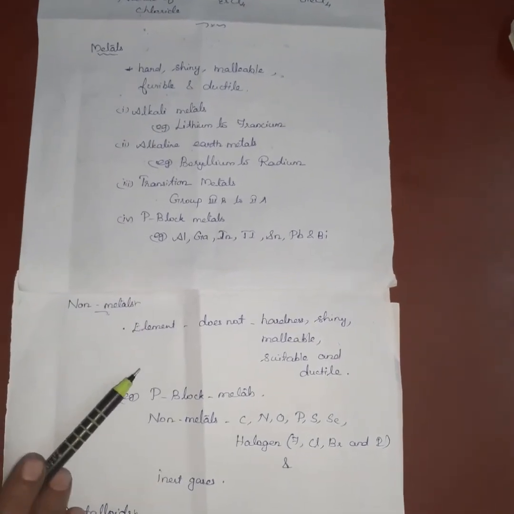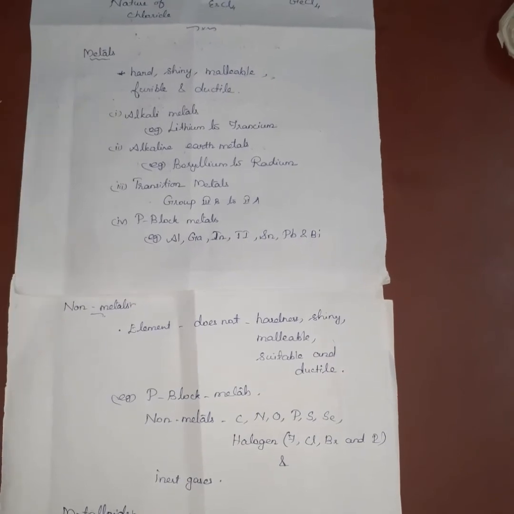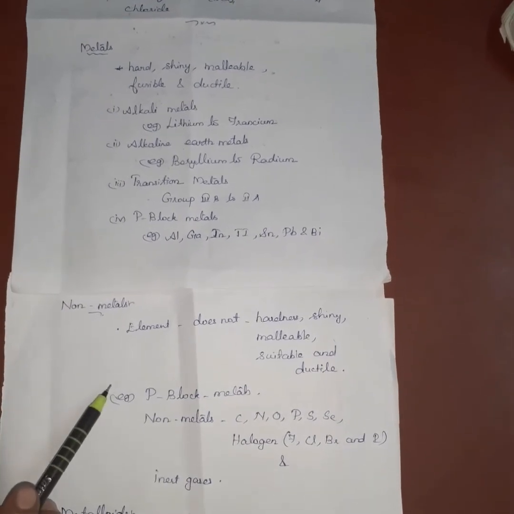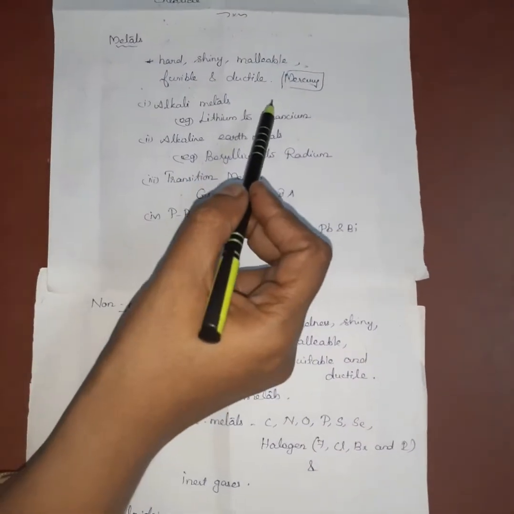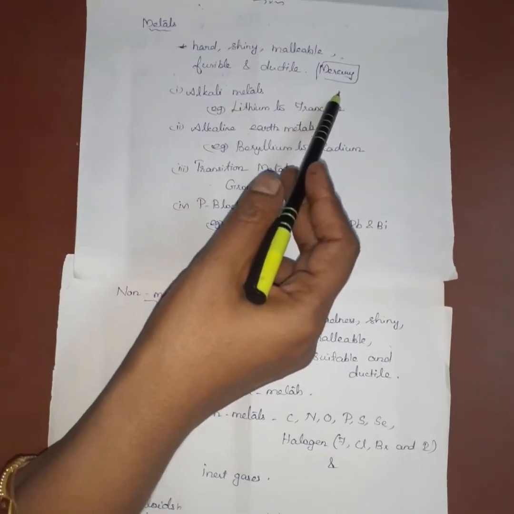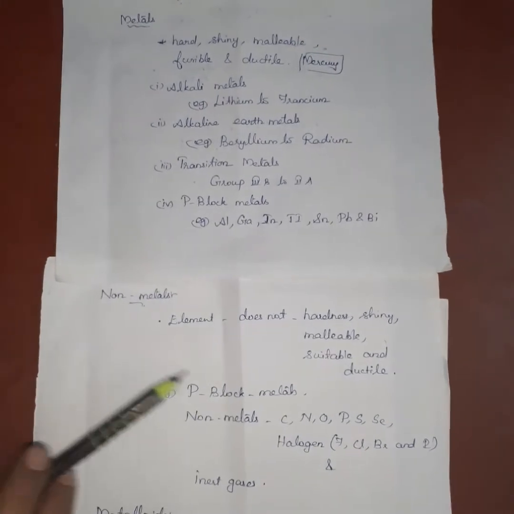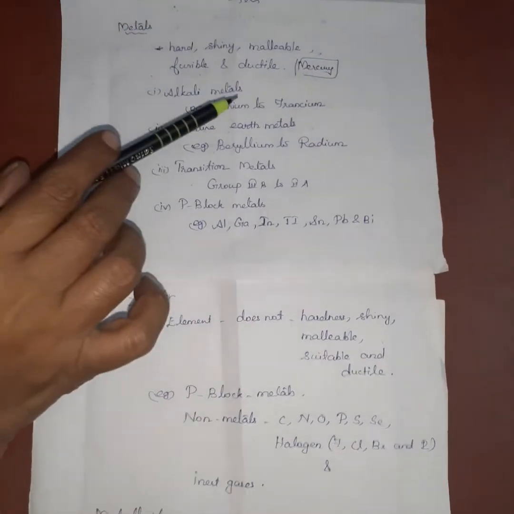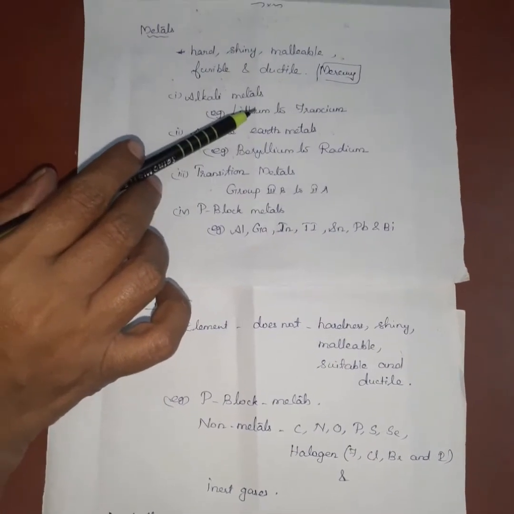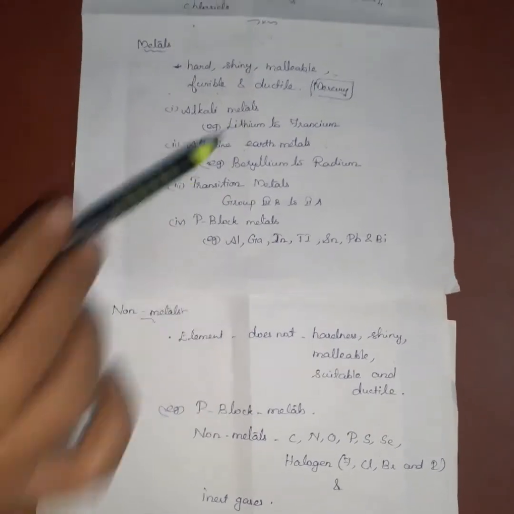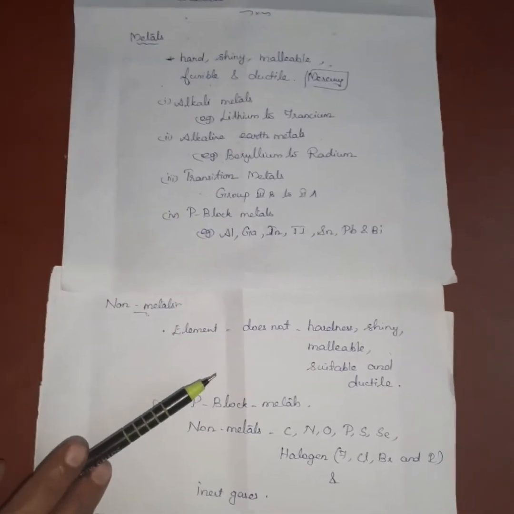Usually metals are solid, but non-metals are solid or gas. Mercury is the liquid form of metal. Metals have high density, high boiling point and high melting point, but non-metals have low density, low melting point and low boiling point.